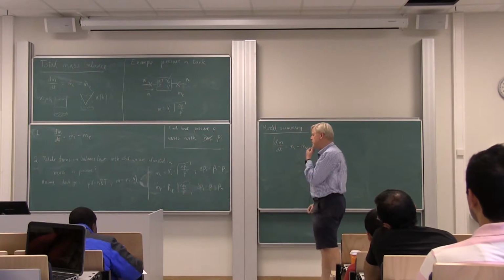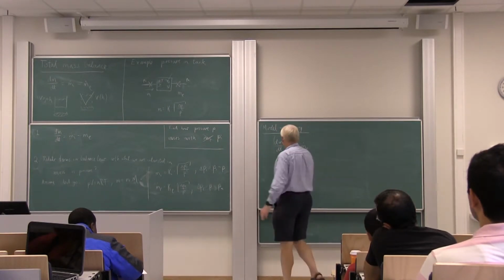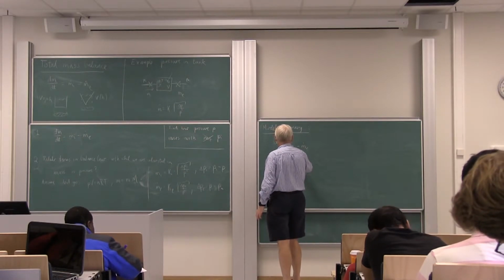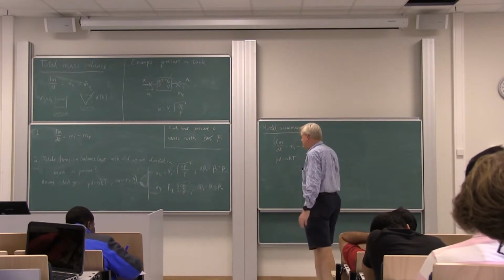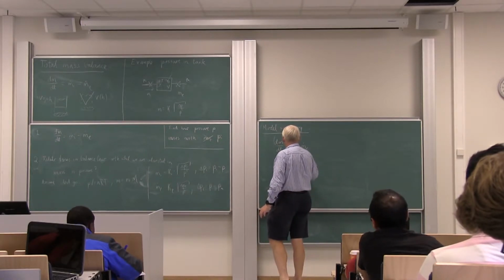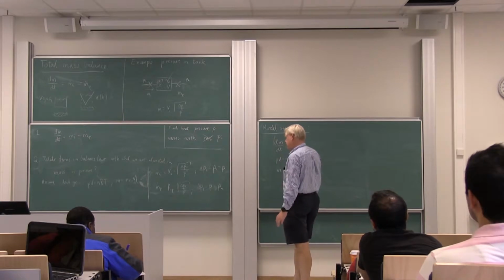That's the first we wrote. Then next we have PV equals nRT. We have M equals N times molar mass.